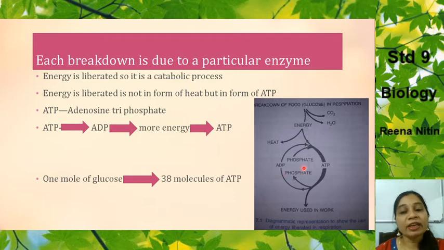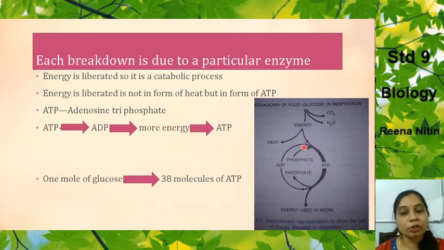Now when it gets more energy, this ADP gets reconverted to ATP. More ATP is produced. Again this ATP gets converted to ADP, again more ATP is produced, again it gets used up as ADP, and this process continues. That is about how ATP gets converted to ADP, how the energy is used up, and again more energy is obtained.